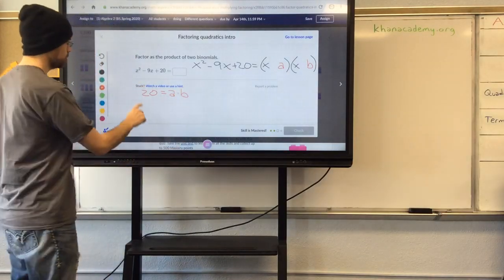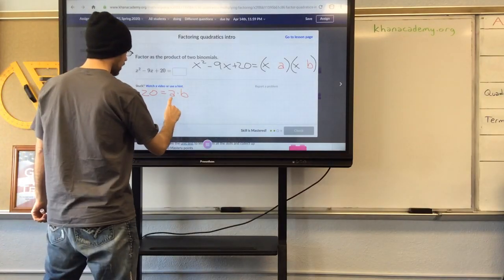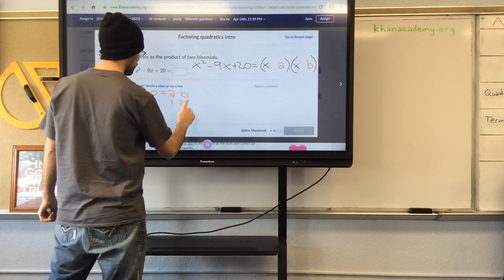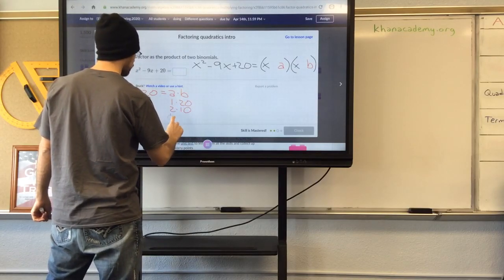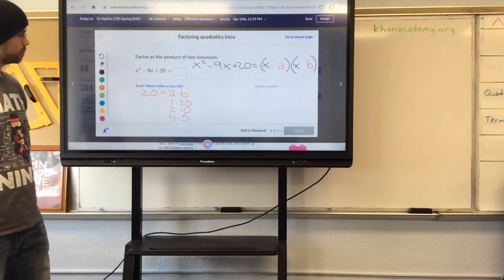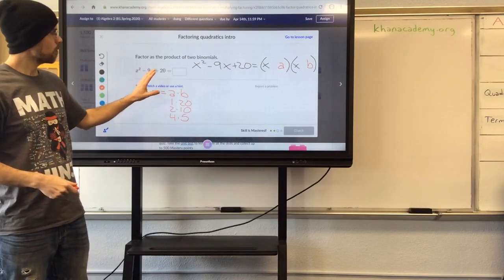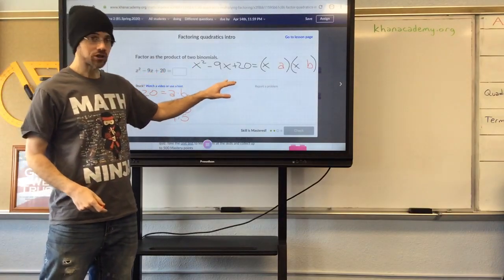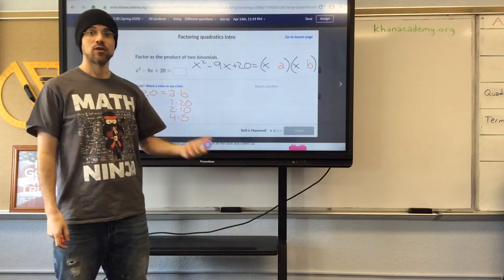All right, which means that A and B have to be either 1 times 20, or 2 times 10, or 4 times 5. Those are our options for A and B, the values of them. Now, we need to think about our sign. We multiply these two numbers and it has to make a positive.